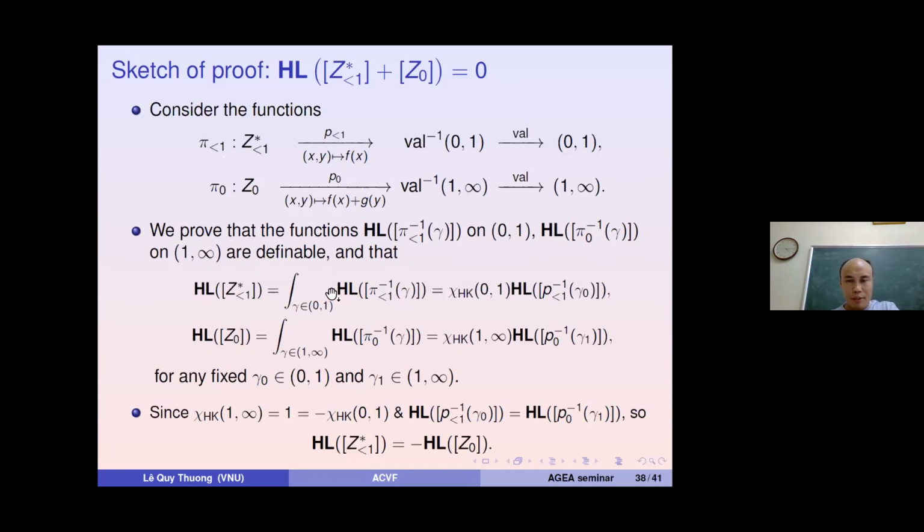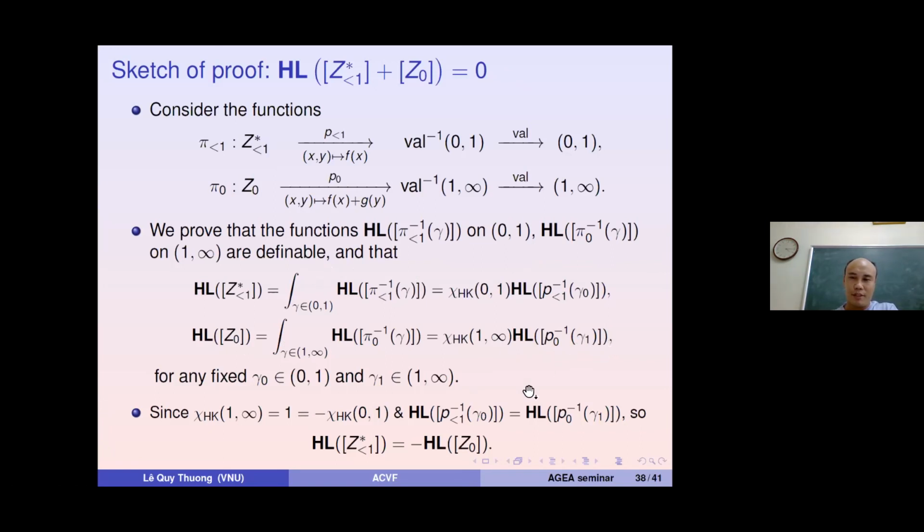And by the construction of Hrushovski-Kazhdan, we can compute this one. These integrals are like the Euler characteristic of the interval 0, 1 and this, and the second is the Euler characteristic of this and this.